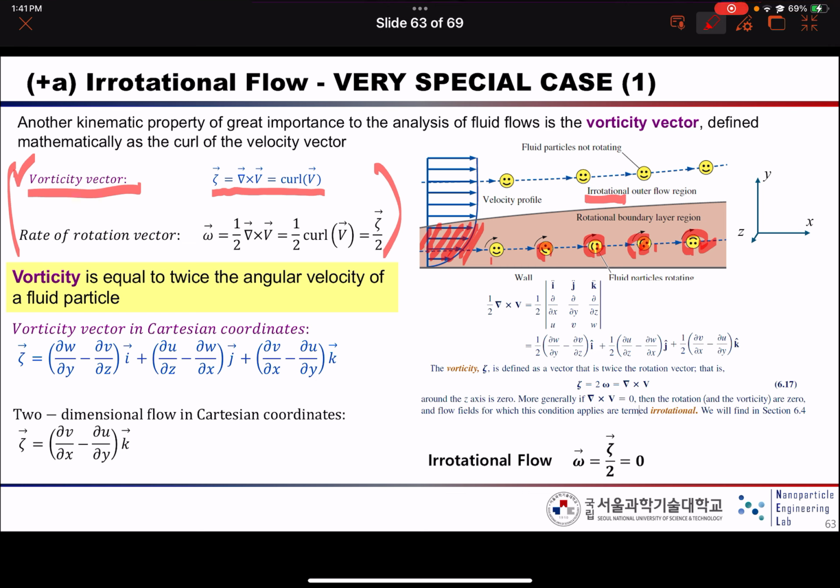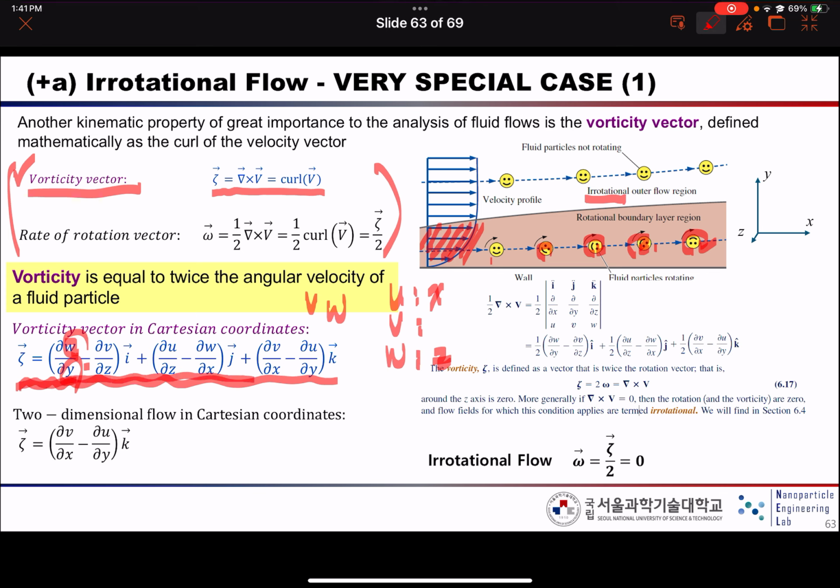So for vorticity, we can calculate this z component here, with u, v, w representing the x velocity, y velocity, and z velocity, okay? So here the z velocity is related to y.